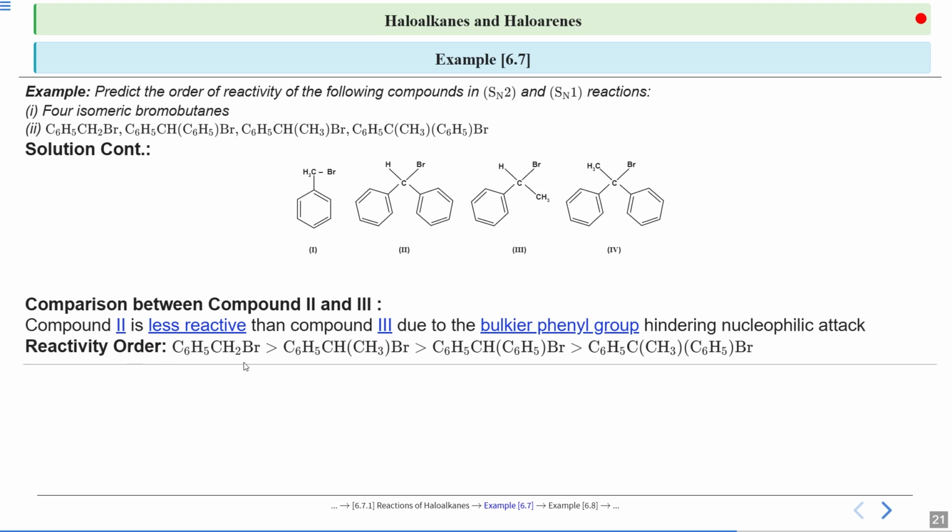The reactivity order will be highest for the first one because it is a primary halide, then your 3rd one because it is a secondary halide that does not have bulkier phenyl groups compared to the 2nd one. So the 2nd one comes at the 3rd position in the order, and then comes the 4th halide, which is your tertiary halide. This is the reactivity order according to the SN2 mechanism.